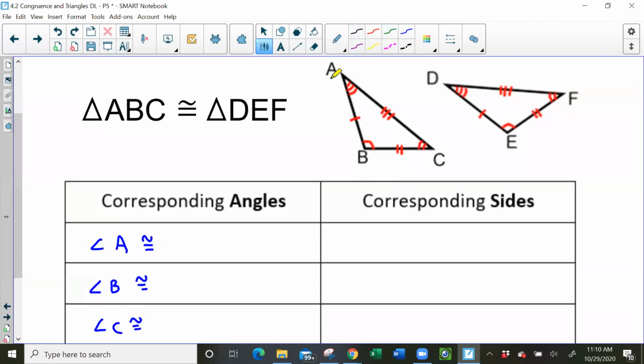So angle A has 3 arc marks. I need to find the angle on the other diagram that also has 3 arc marks.